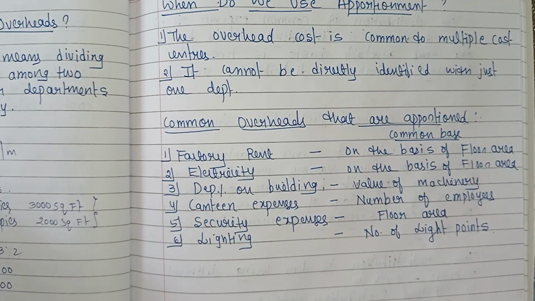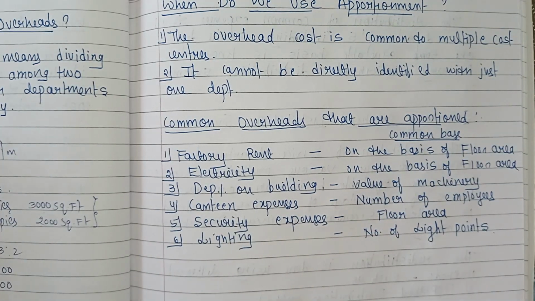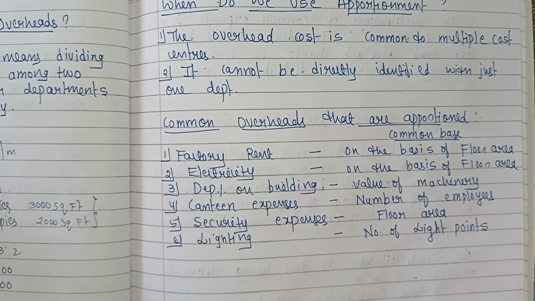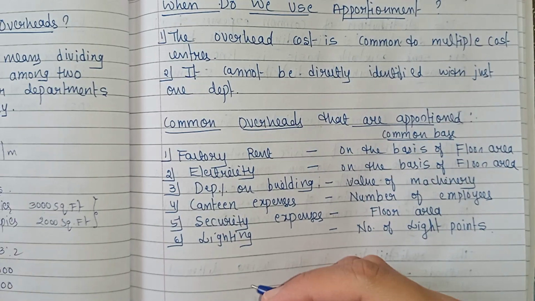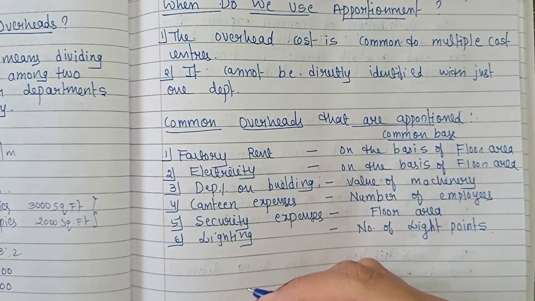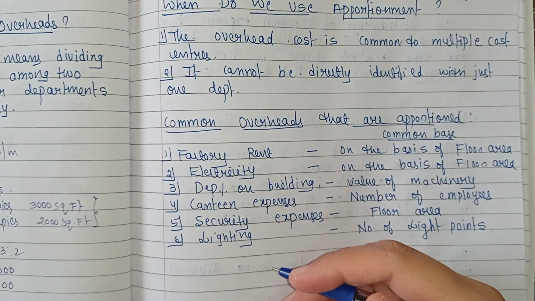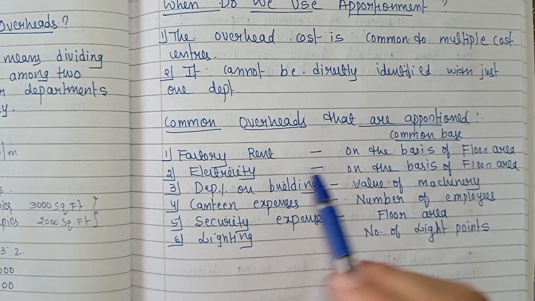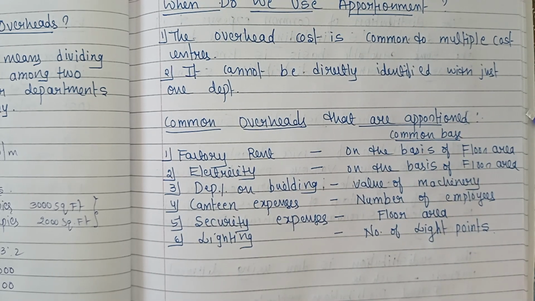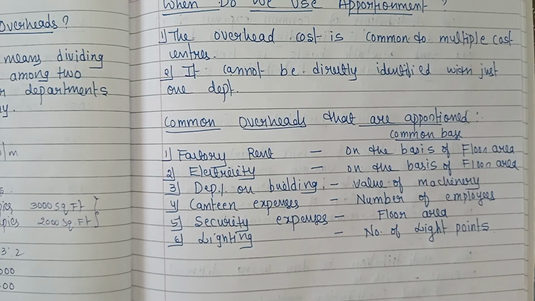Apportioned means we know the common expenses, but we don't know on which basis we need to divide among the departments, right? So let's see, suppose factory rent, we need to divide on the basis of floor area, because the rent is usually charged based on how much space is used, right?